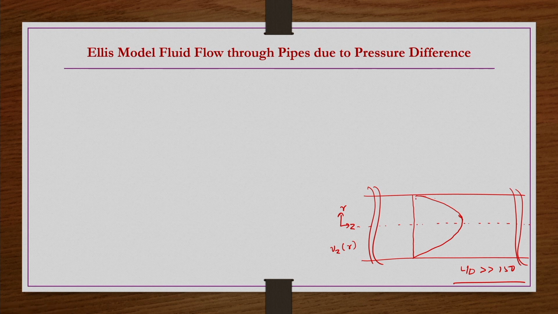It becomes flatter for shear thinning fluids, and it becomes steeper, sharper for shear thickening fluids, that we have seen, right. And the shear stress increases linearly with r. Okay. So that is what we have seen.